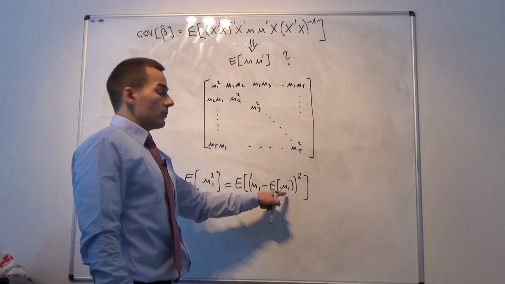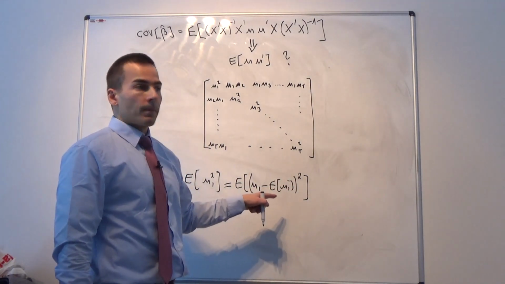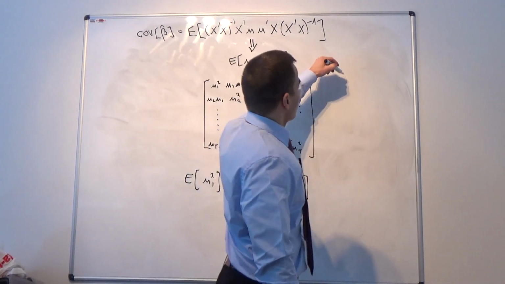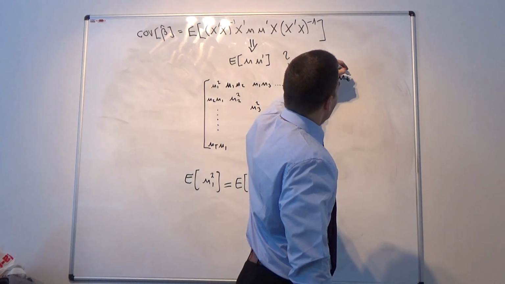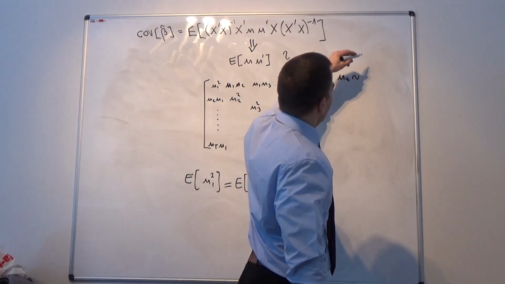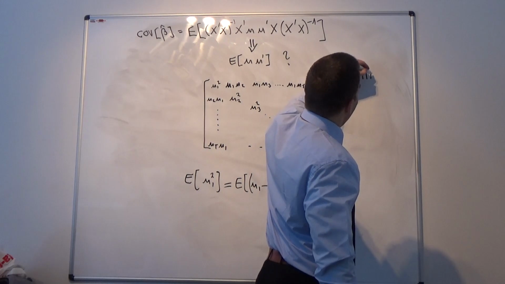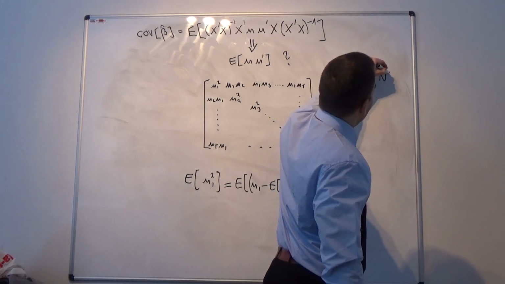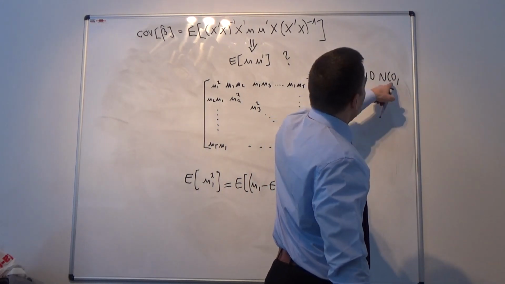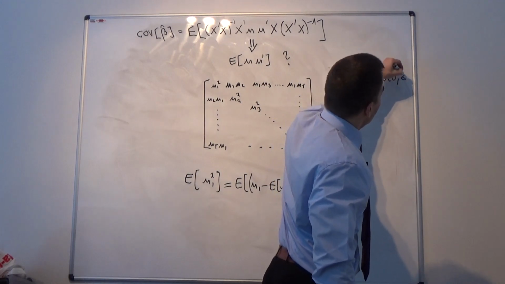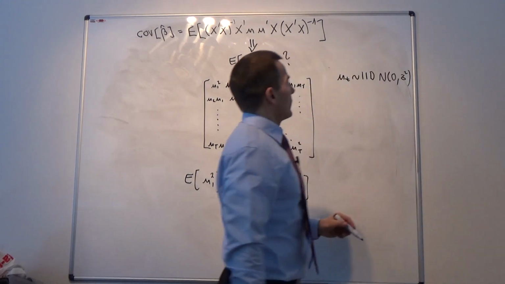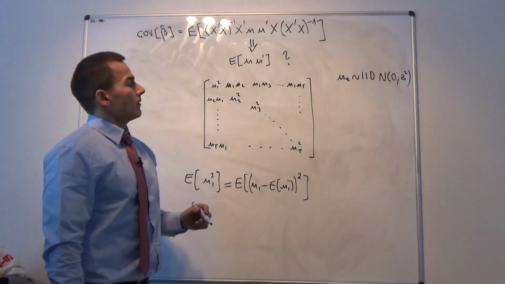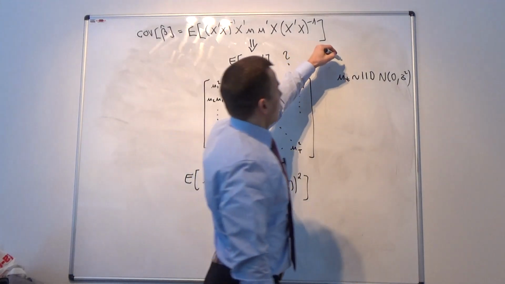We know the expectation of u1 is 0, because according to our assumptions, ut is identically independently distributed as normal with zero mean and sigma squared variance.